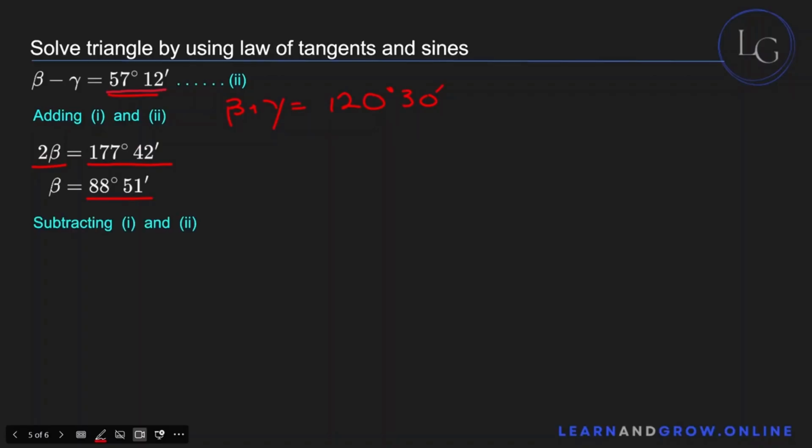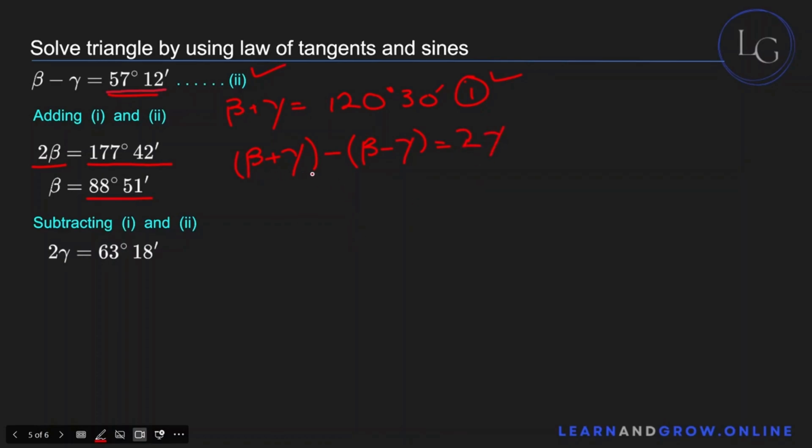Now that you have the angle beta, you now subtract these same two equations, right? So that gives you basically beta plus gamma minus beta minus gamma, which gives you 2 gamma.